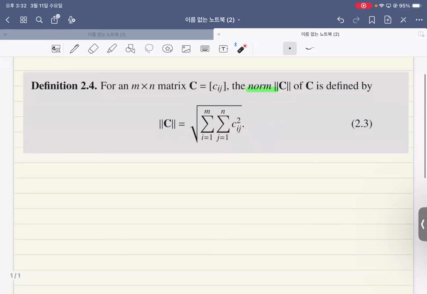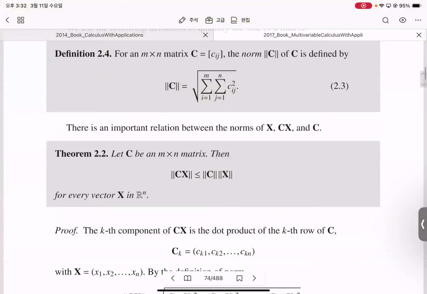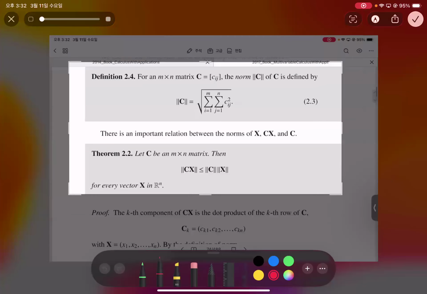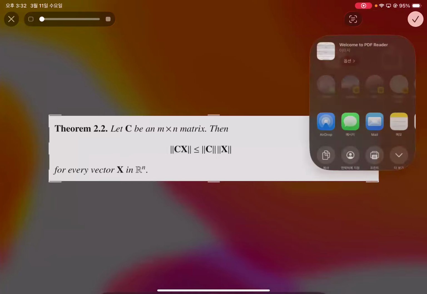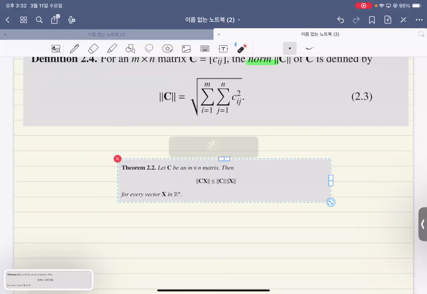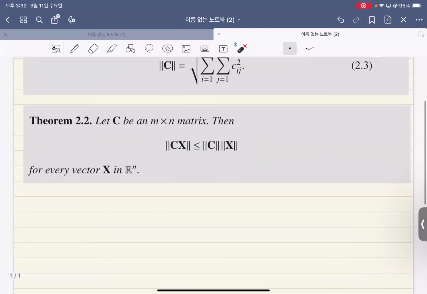And for the length of a matrix, we have something very similar to the Cauchy-Schwarz inequality, which goes like this. C is an n by n matrix, and x is an n-dimensional vector.